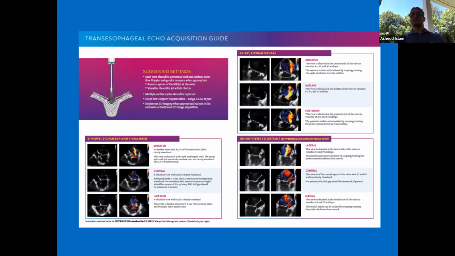If you're at the anterior aspect of the mitral valve, which is obtained by rotating the probe to see the anterior leaflet only, in that view you're going to see the A1, A2, and A3 scallops. That means in the bicommissural view, 60 to 90 degrees, a very important angle.